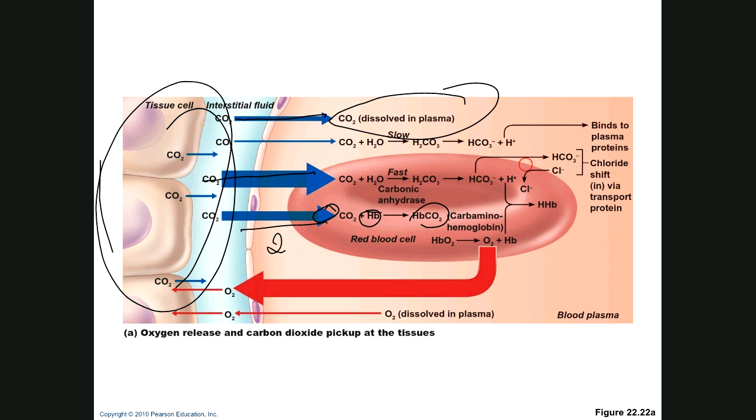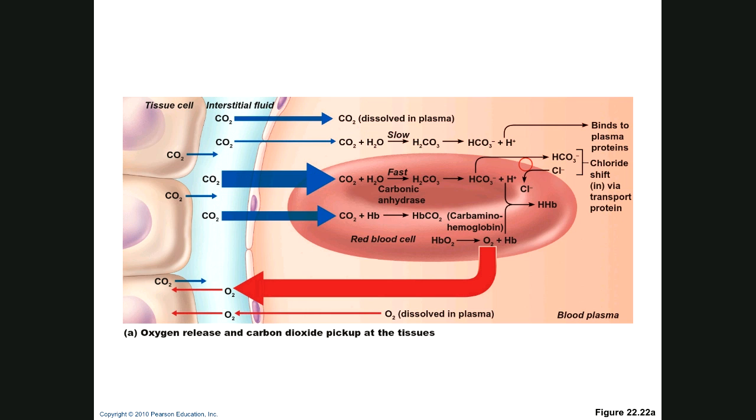So this is 20%, this is 10%. 70%, however, is going to take a different route. It's going to go into the blood cell, and inside the blood cell, there is an enzyme called carbonic anhydrase. I'm going to just call it CA, which is going to combine CO2 and water and create carbonic acid.